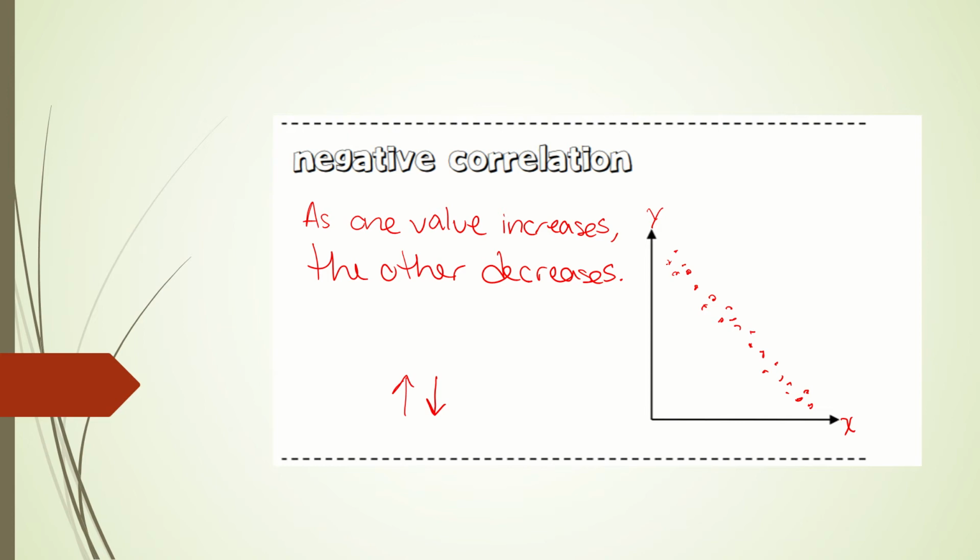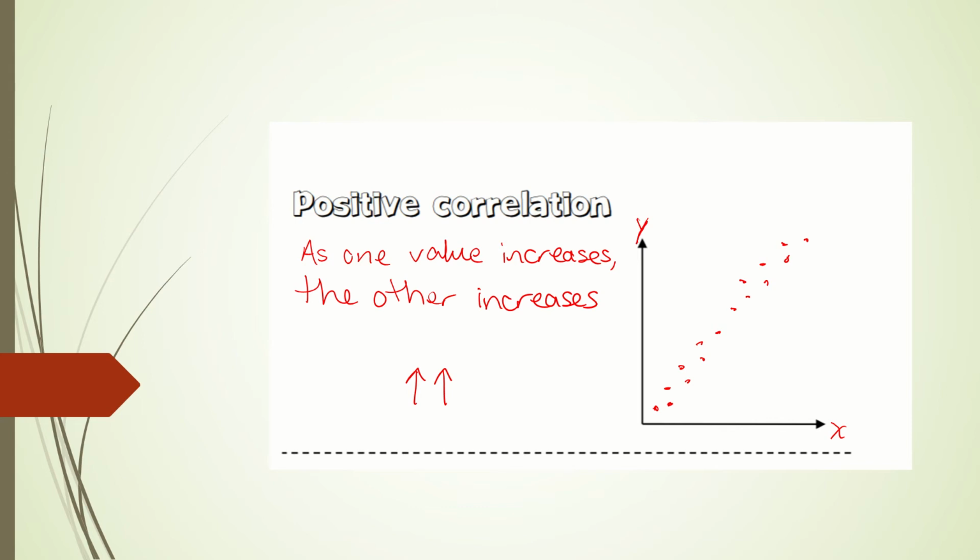So you might say, well, if they're both decreasing, then what is that? Well, let's go back and look at our previous slide. If we look at these as positives and negatives, going up is positive, going down is negative. If I have a positive over a positive, positive divided by positive is still positive.